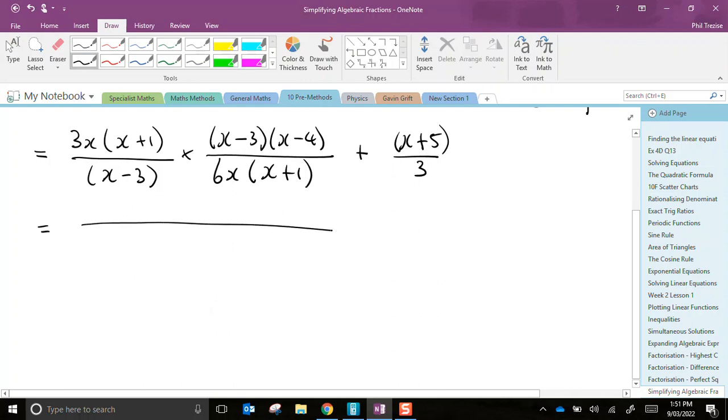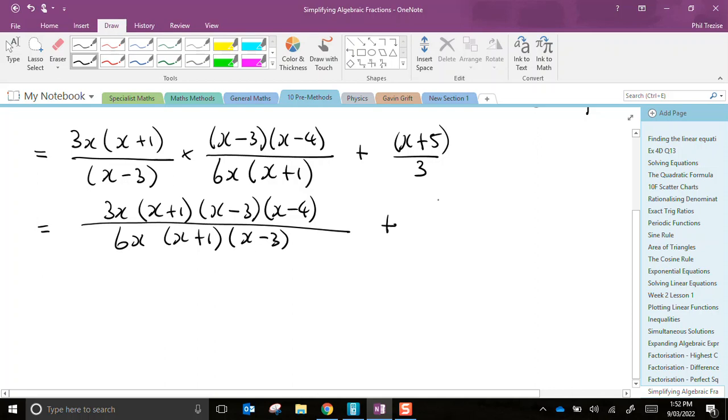We multiply the numerators and we multiply the denominators. And I'm just going to leave them all written in factorised form. Multiplied by x take 3, multiplied by x take 4. The denominator 6 times x multiplied by x plus 1 multiplied by x take 3. That's the denominator, plus, and over there we have x plus 5 over 3.